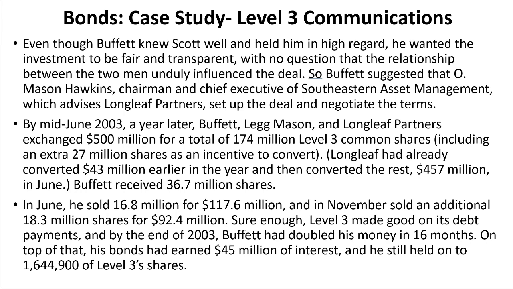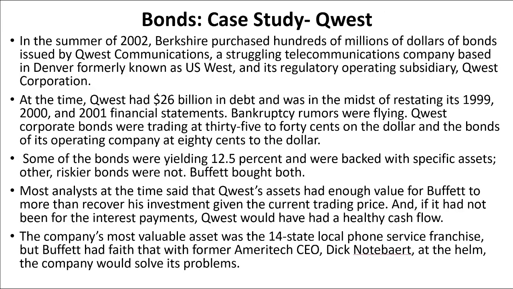So sure enough, Level 3 made good on its debt repayments, and by the end of 2003, Buffett had doubled the money in 16 months. On top of that, his bond earned 45 million of interest, and he still held on to 1.6 million shares of Level 3, right?